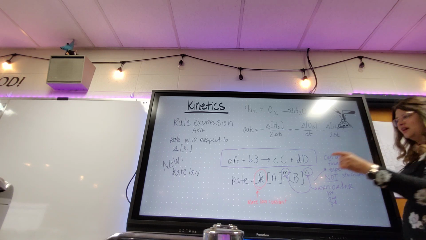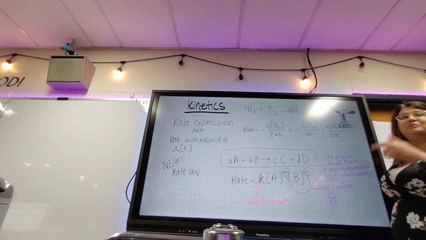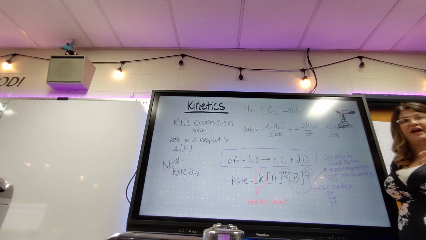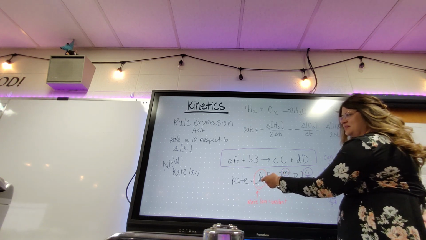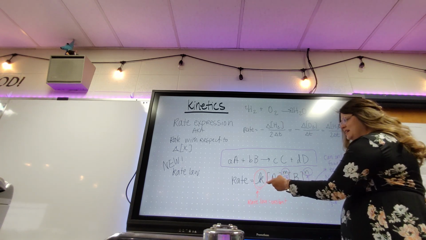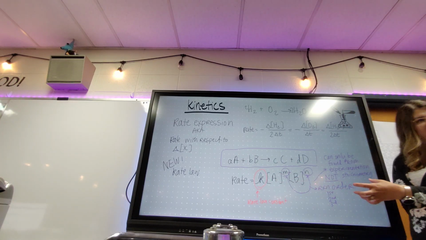And the only reason that we're saying that this is a rate law is because we manipulate all of these facts that are happening to make the math work. The reason you have to use a constant here is because this is not perfect, but we call it a law.